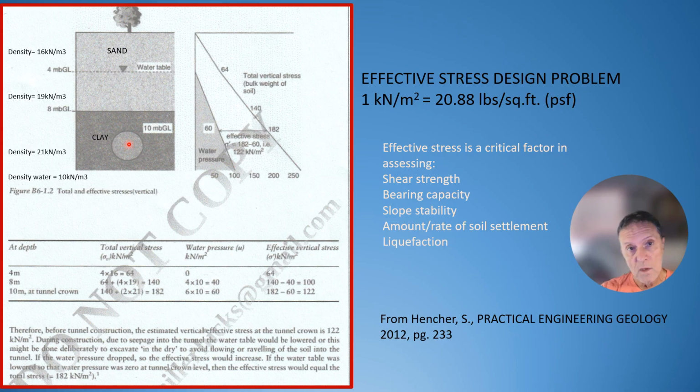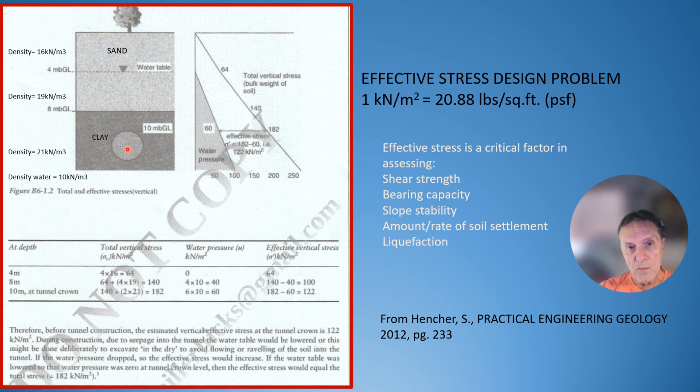So you're going to have to design and build this tunnel under dry conditions, but when the water comes back in, that raises the total effective stress to 182, as you see here. I'm sorry, 122, as you see here.